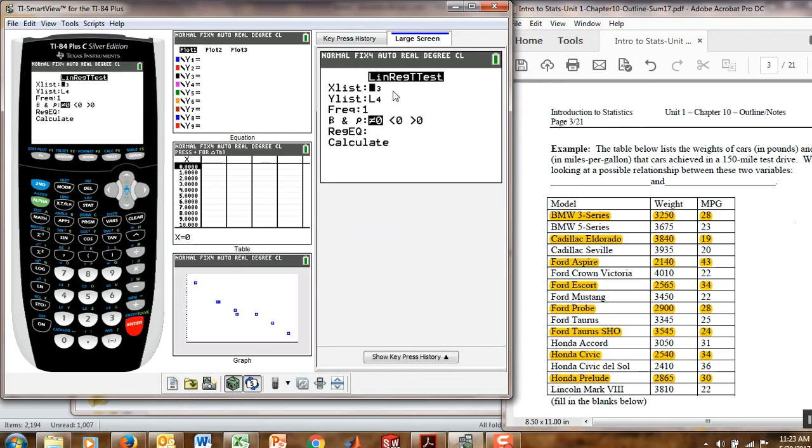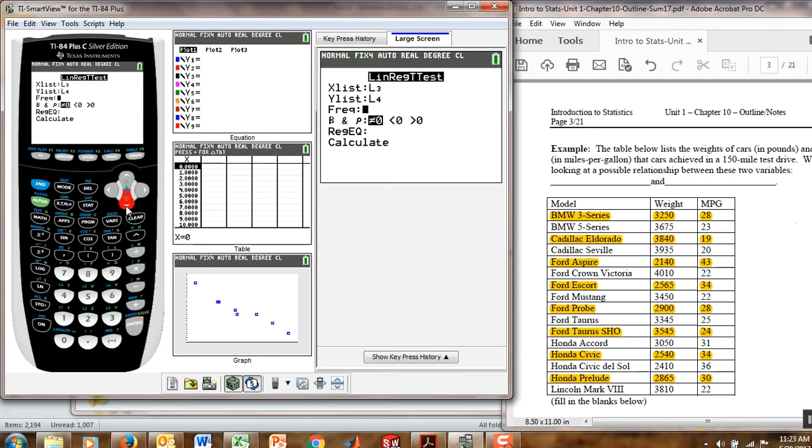We want to make sure we're choosing our X list, which is the weights, in L3, and the Y list, which is the miles per gallon, in L4. If yours are in different places, you need to choose them there.